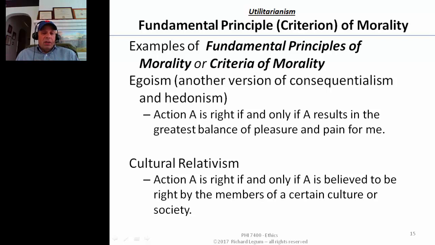Is that the right thing to do? Well, according to this theory, captured in that criterion of morality, if the action is right, then it's got to be believed to be right, or deemed to be right, by the members of a specific culture or society.